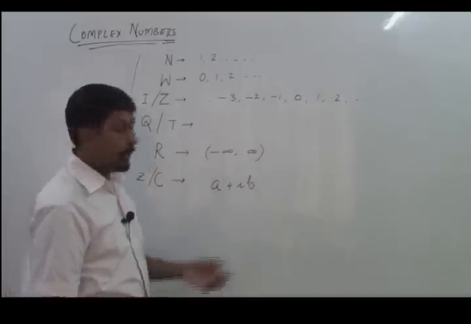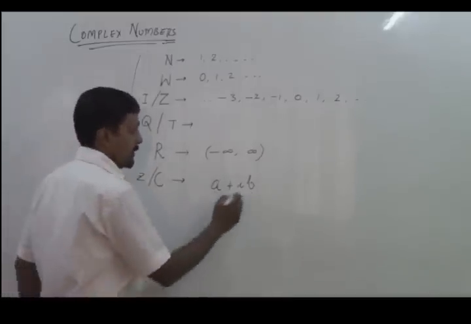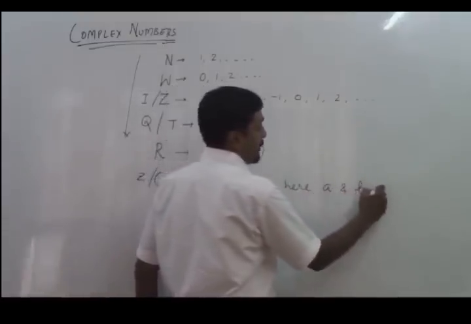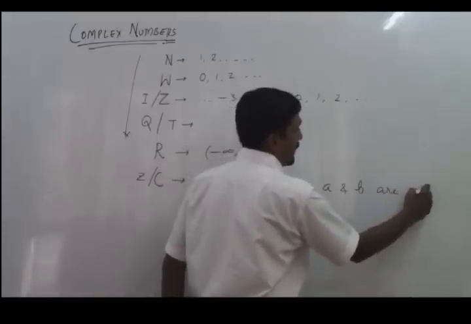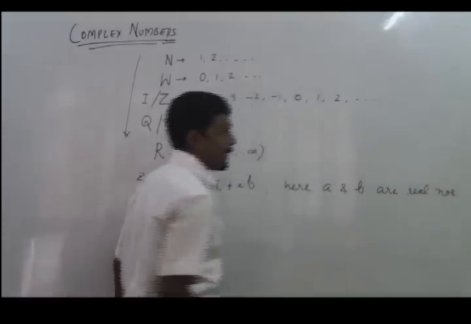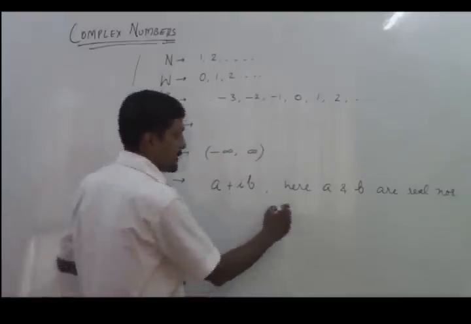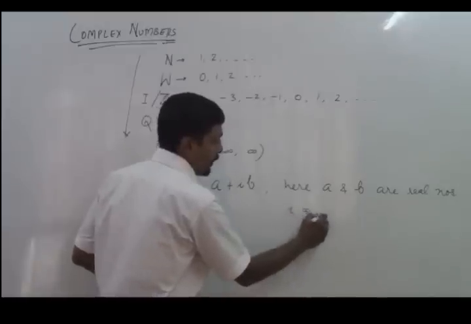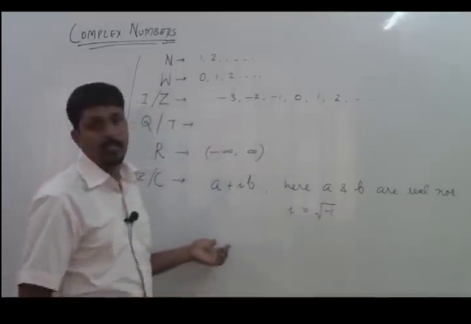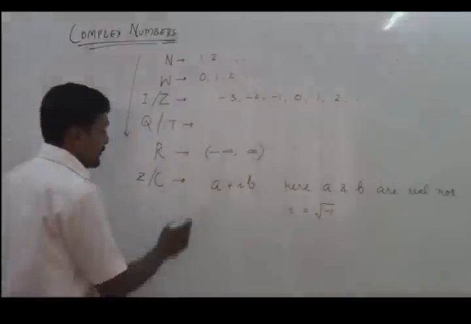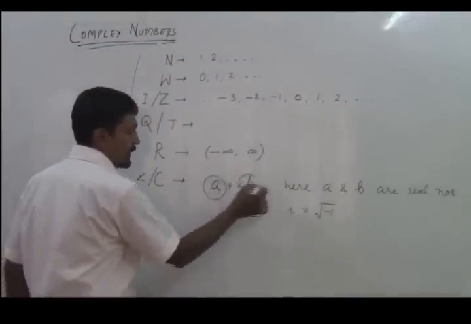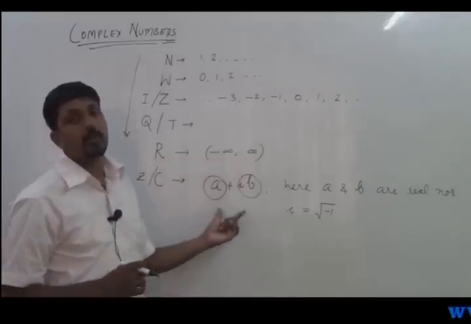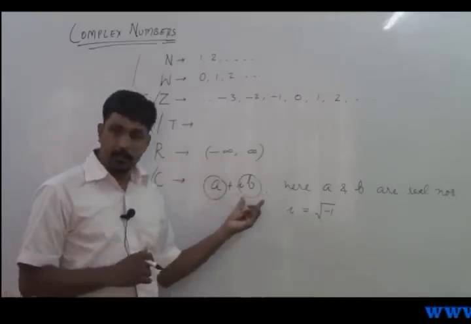Here a and b are real numbers, whereas iota i is equal to under root of minus 1, that is an imaginary number. So a complex number is a combination of a real and an imaginary part.